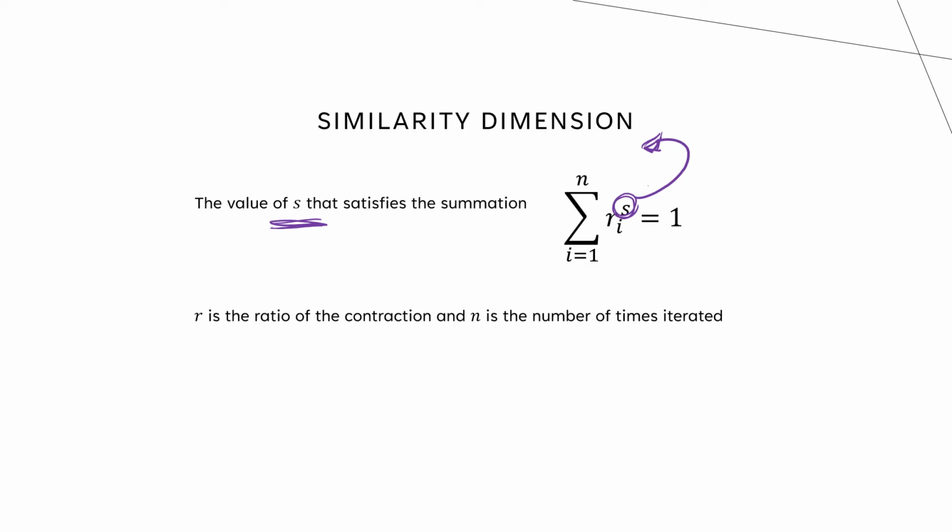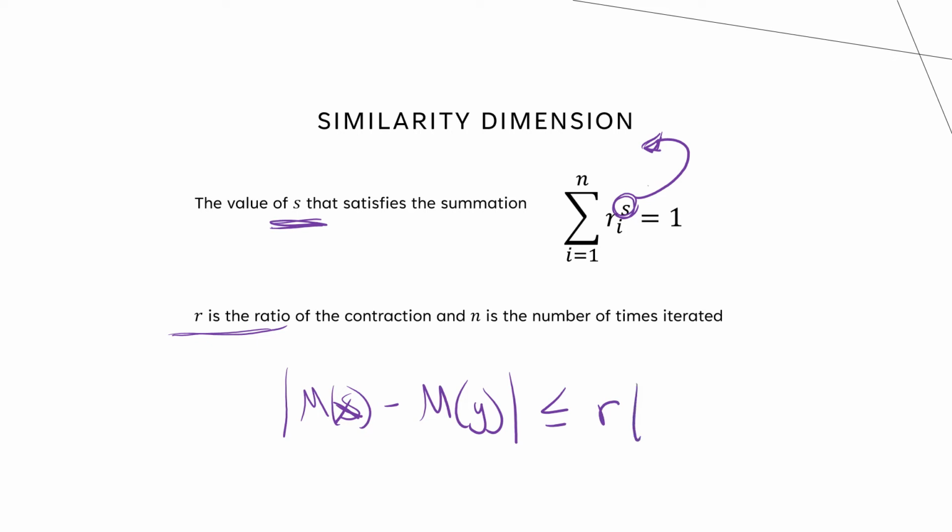So how do I actually apply this and how do I find it? Well, the pieces of this are pretty simple to see. The R is the ratio of the contraction. So remember we had the measures of this was an X, and then the mapping of the Y measure, and then that was going to be less than or equal to R times X minus Y. This R right here is the ratio of the contraction.